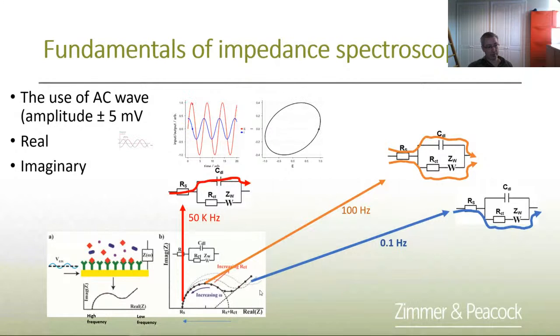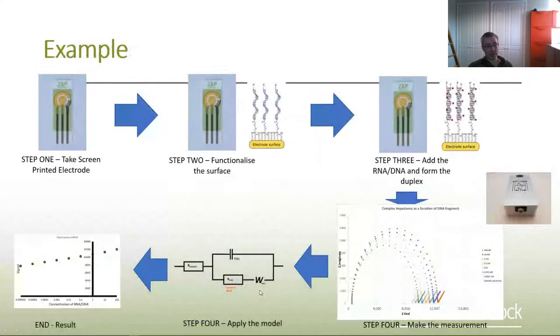Now, let me show you some examples. So a bit like Eni and Hasim, this is work that we did. We took a gold electrode and we put a single-strand DNA capture probe on it, and we then used it to capture another single strand of DNA.